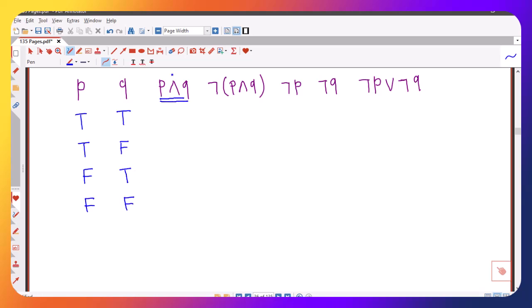And for P and Q, we know that P and Q is true if both are true, otherwise it is false.